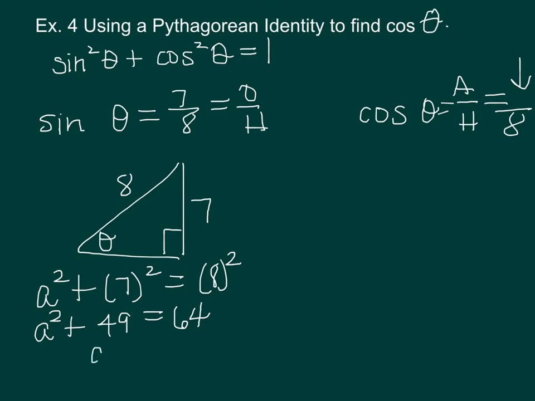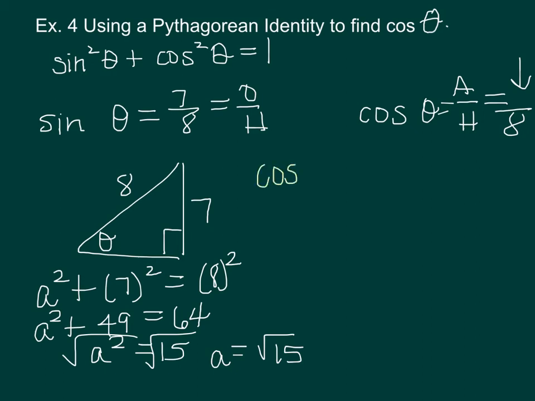You get a squared equals 15, and you leave the square root because it's not a perfect square. So now, when you find cosine, it'll be the square root of 15 over 8.